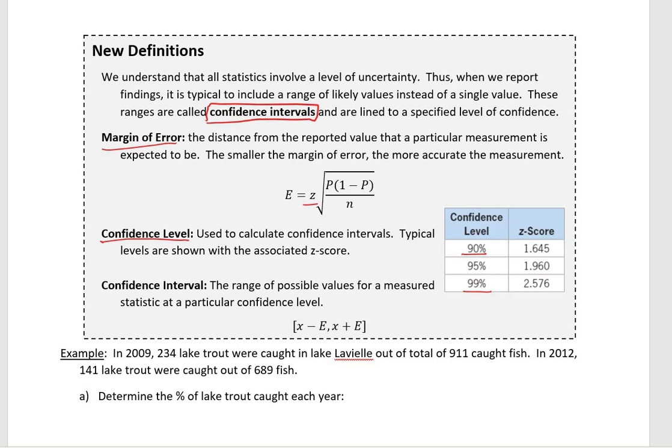And then these Z-scores, we could look these up on the Z-chart. Basically, where they come from is if we were to do our normal distribution, we want to catch, say, 99% in there. So that means that each tail would be 0.5%.